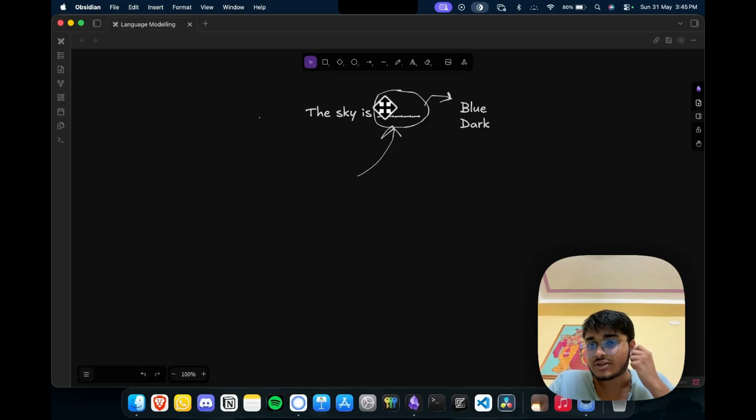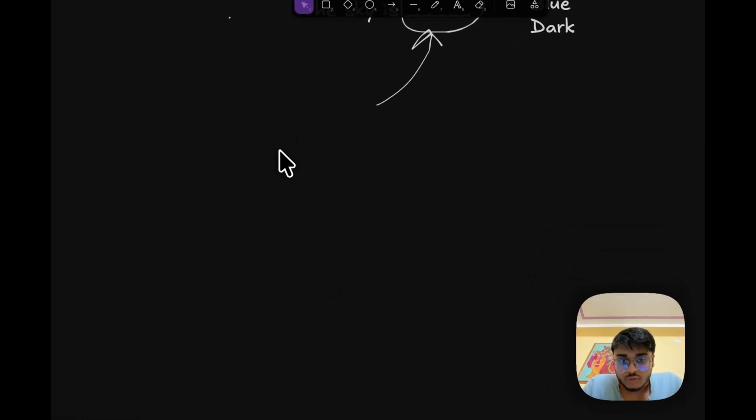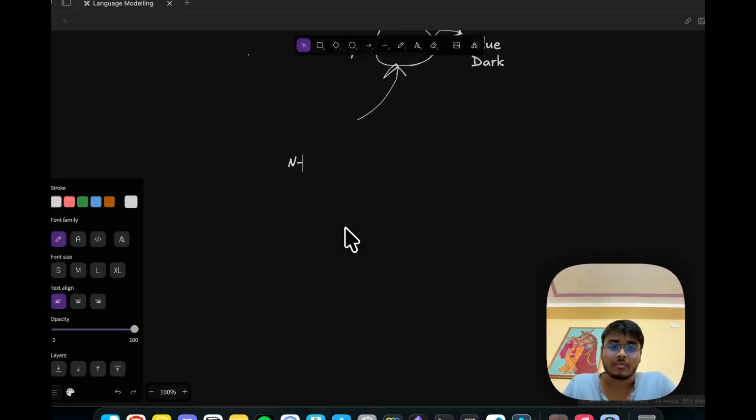Now the question comes: how can we find the probability of blue or dark? What methods are there? We're going to learn about it in this module. The first thing we're going to learn is the N-gram.